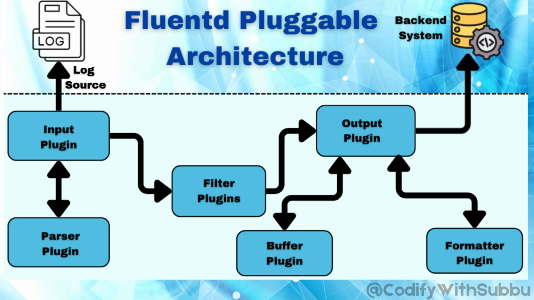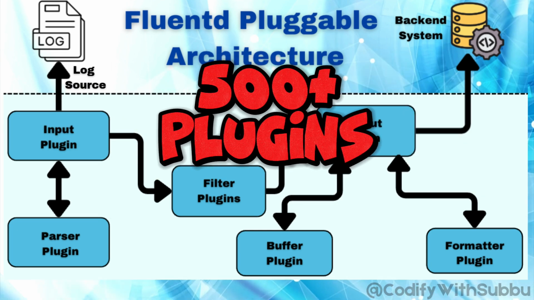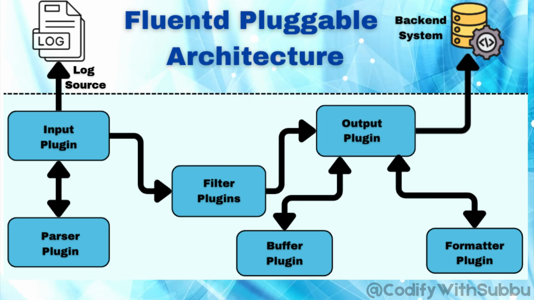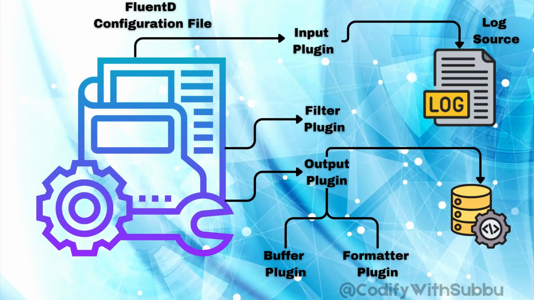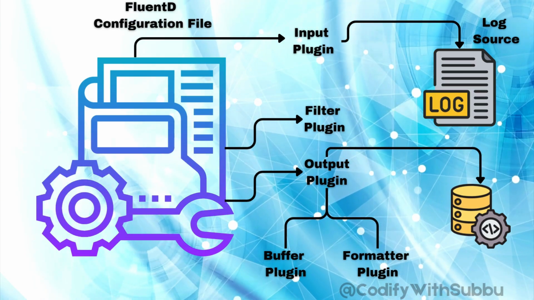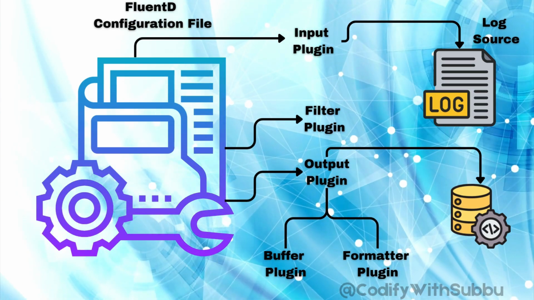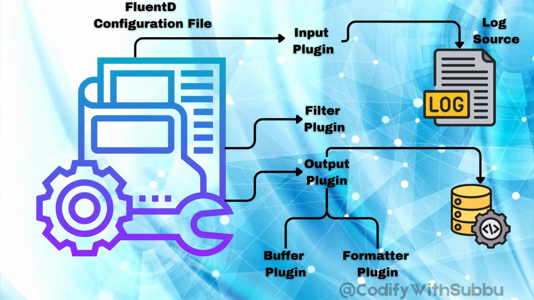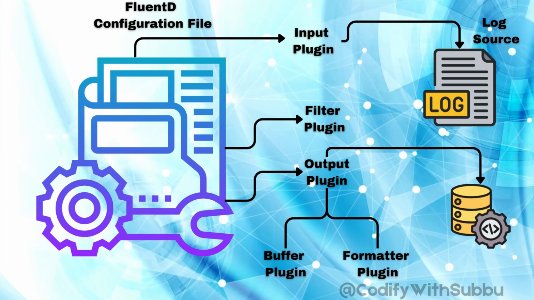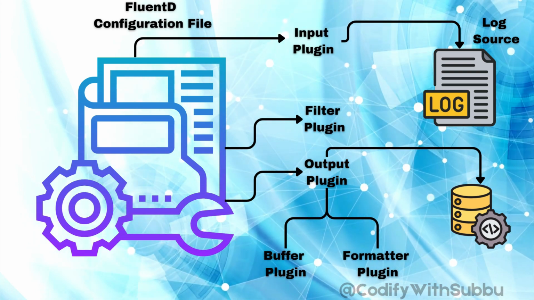Fluentd has a pluggable architecture consisting of over 500 plugins, allowing Fluentd functionality to work with different input and output data sources. These plugin types are wired together through the Fluentd configuration file to create the Fluentd pipeline. Log sources include access logs, syslogs, application logs, database logs, you name it.